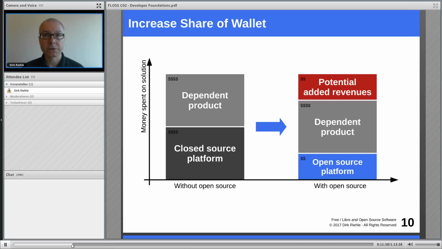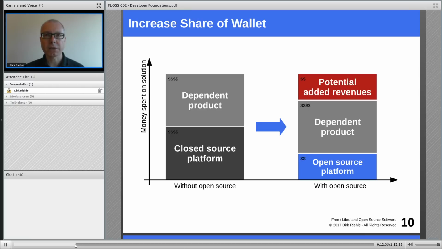Now then, if only the company trying to sell the dependent product could replace the expensive closed source platform it needs with a much less expensive open source platform, think replacing Windows with Linux, then the price point for that platform drastically falls because open source is typically cheaper, and you can have competition around, say, Linux, so the price points are simply lower.